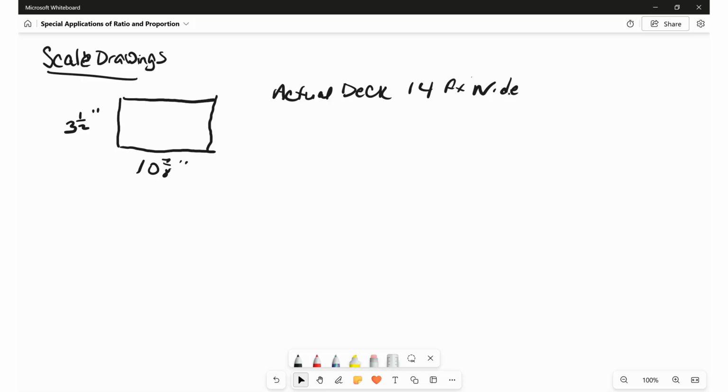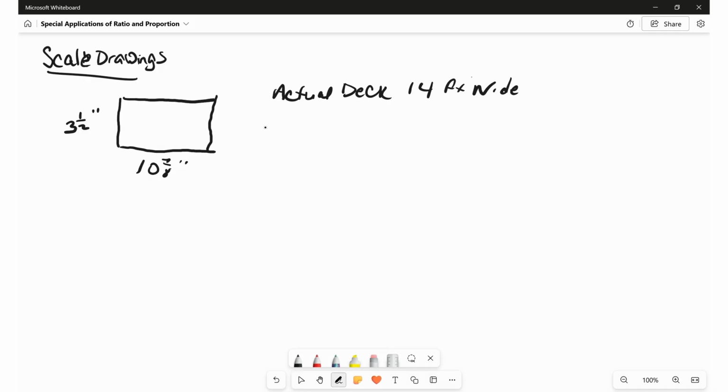Well, we might look at this and think, well, can we compare these two different things? I mean, we have inches, we have feet, and when we get into chapter 2 about measurements, we're going to look at converting measurements.